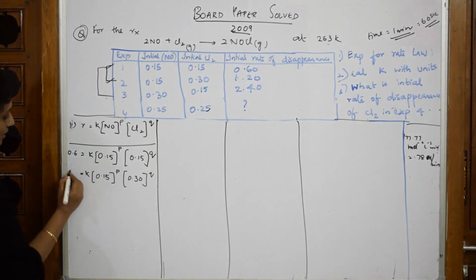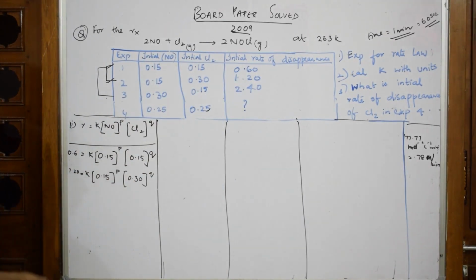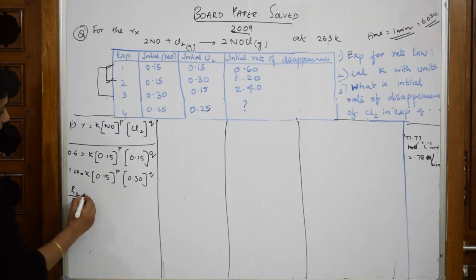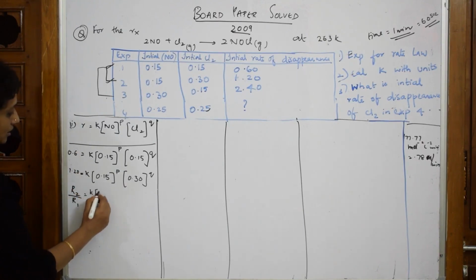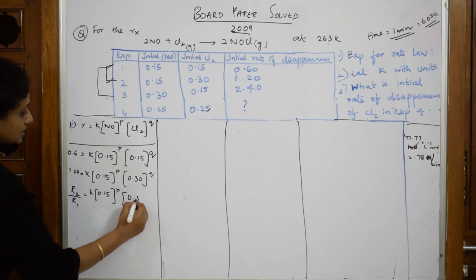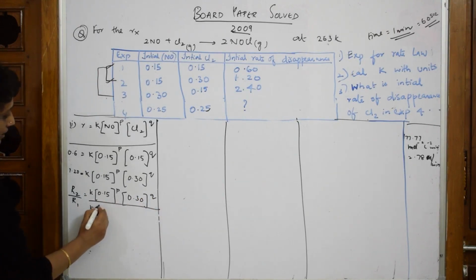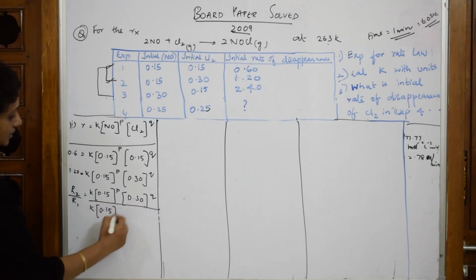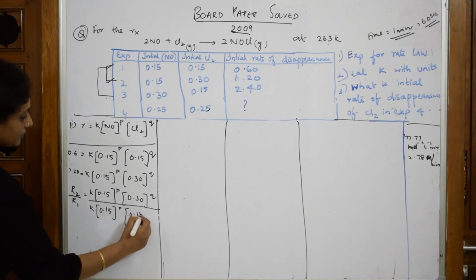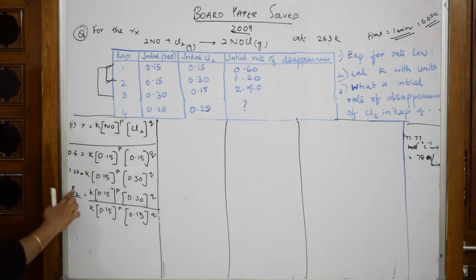Okay, this is R1, this is R2. Now R2 by R1 is equal to K (0.15)^P (0.30)^Q divided by K (0.15)^P (0.15)^Q, which equals 1.20 by 0.6.